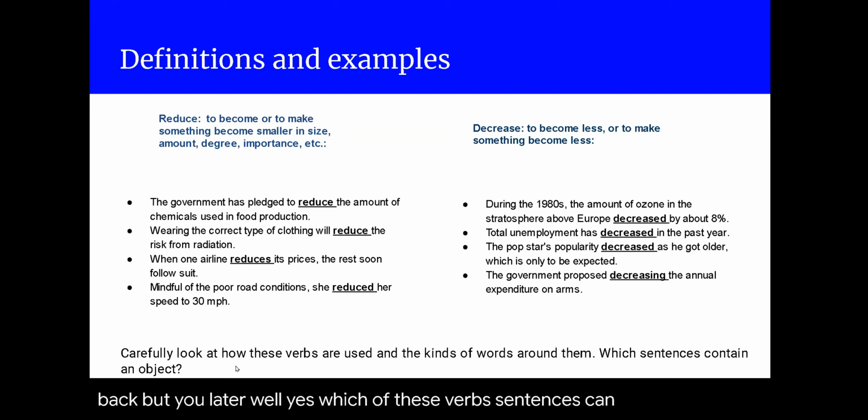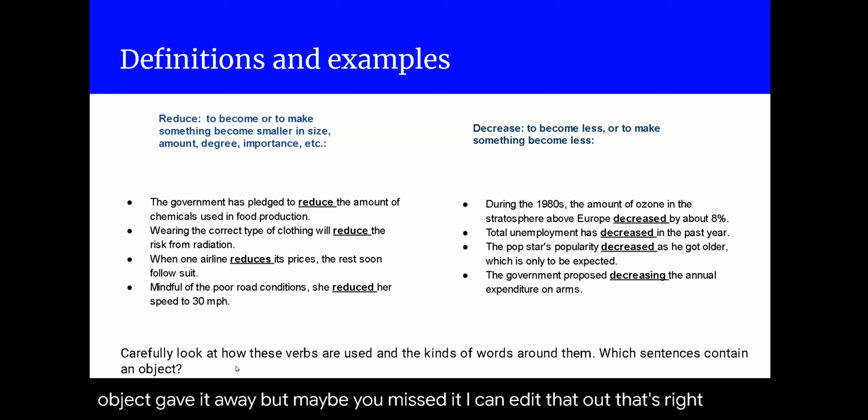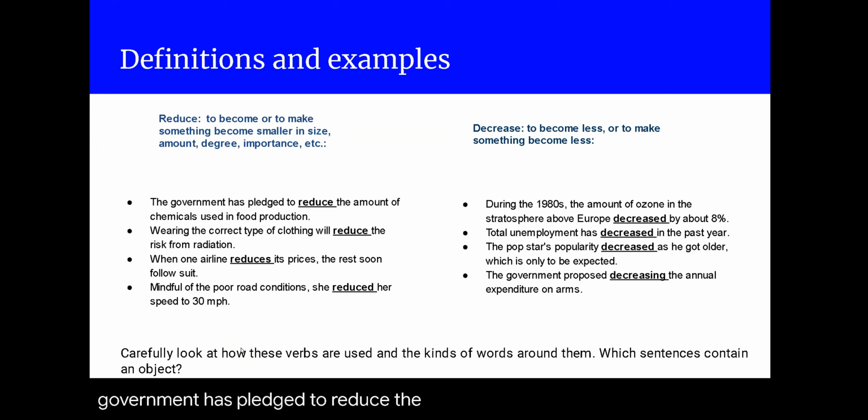Which of these sentences have direct objects in them? The government has pledged to reduce the amount of chemicals. Well, yes, that's a direct object, the amount of chemicals. During the 1980s, the amount of ozone in the stratosphere above Europe decreased by about 8%.